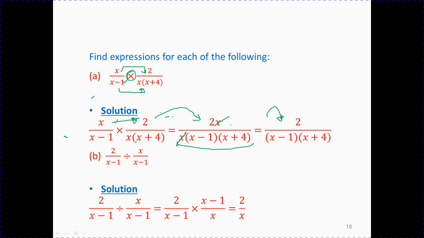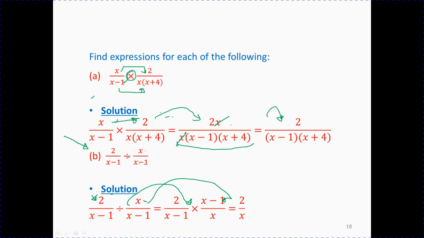Number B, we have 2 over x minus 1 divided by x over x minus 1. Now, the rule is keep the first fraction, no change. Then change the division to multiplication. Then take the reciprocal of the second fraction.